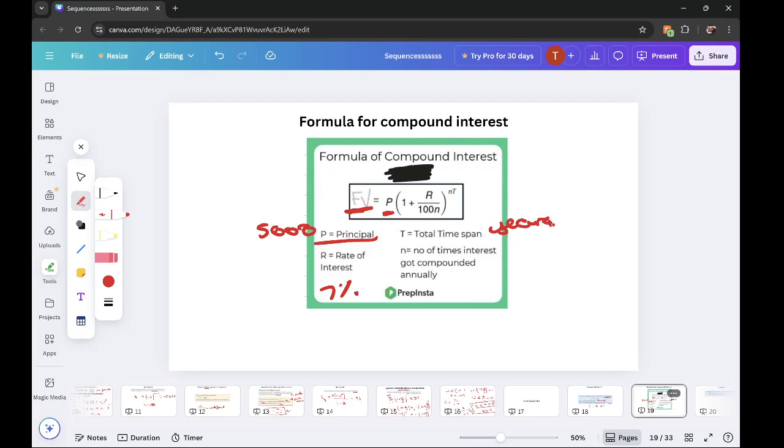So I'm going to write years over here, right? And then the number of times interest got compounded annually. So annually means in one singular year, how many times is interest applied? So let's say your rate is 7% and you have an amount of 5,000, and you stored it for one year.